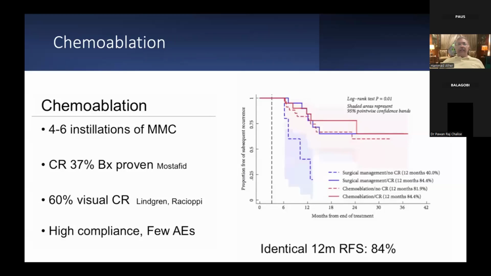If we look at the data, 4 to 6 instillations of mitomycin C without a proper biopsy and without a proper TURBT is shown to have a beneficial effect with a complete response rate of about 37%, biopsy proven, reported by Mostafid, and complete clearance in about 60% of patients on visual inspection on cystoscopy alone.